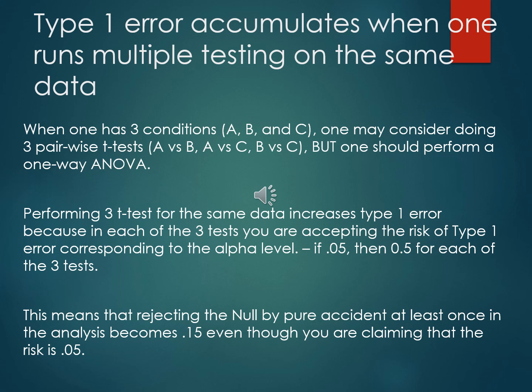Okay. So if you perform three t-tests on the same data, basically you are capitalizing on chance. The reason is that each statistical test involves the possibility of type 1 error, and the risk of type 1 error that you're accepting when you're using alpha equal 0.05 means a 5% chance.